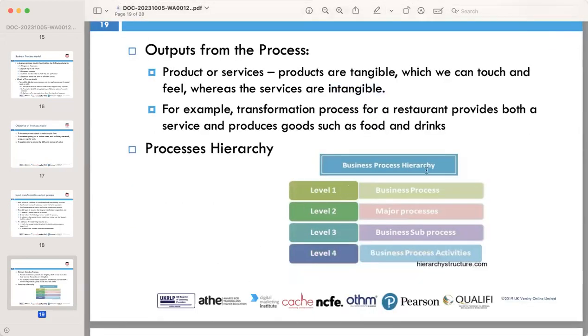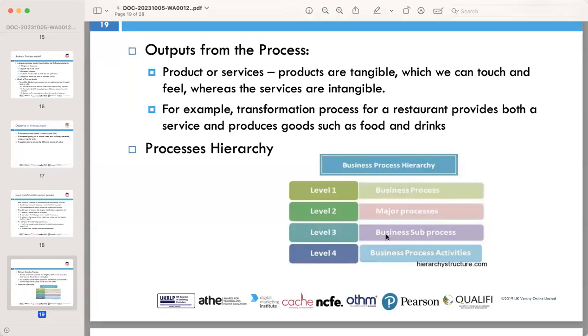Business process hierarchy: level 1 business process, major processes, business sub processes, and business process activities. The business process represents the highest level and encompasses the overall business process. Major processes are the primary processes within the business, categorized into key functional areas.